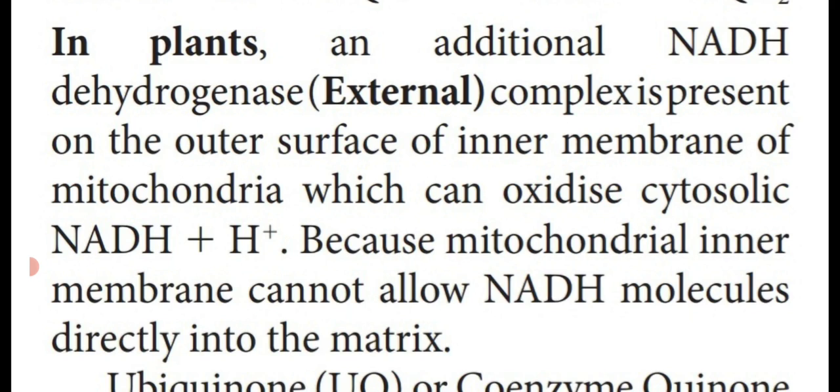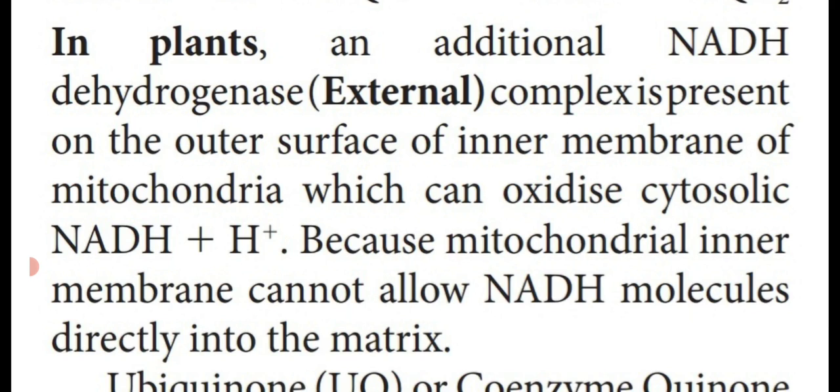It takes place on the outer surface of the inner membrane of mitochondria, which contains the cytosolic NADH2. Cytosolic means they are moving from one place to another place. Movement of cytoplasm is known as cytosolic condition.